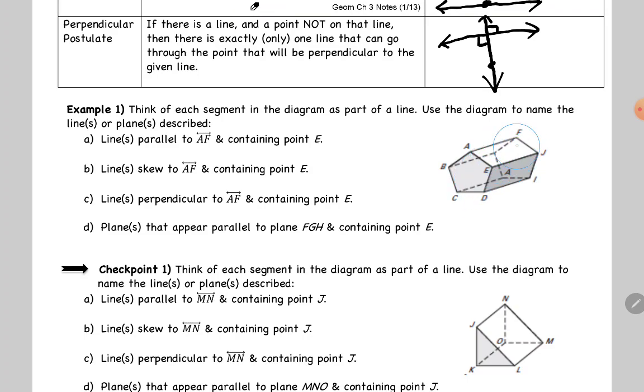Okay, now we're going to do skew. So we're still doing AF. Skew to AF containing point E. So skew means not on the same plane and does not intersect still.